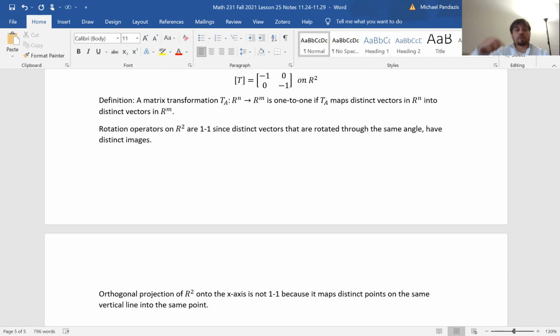All you have to do is think of multiple points on the same vertical line. If you project all of them onto the x-axis, all these distinct points on the same vertical line will then be projected onto the same point on the x-axis. And so the matrix transformation of taking the orthogonal projection onto the x-axis is not a one-to-one matrix transformation. It takes different vectors and maps them to the same vector. And so that transformation is not one-to-one.